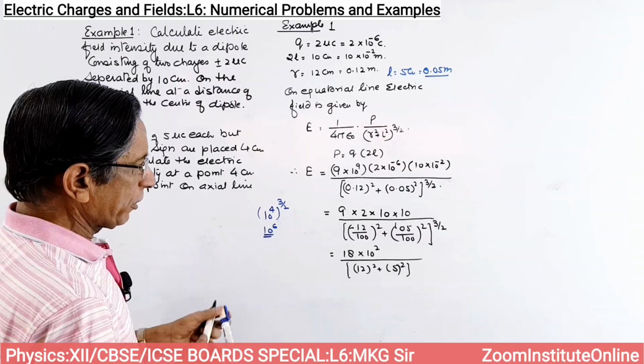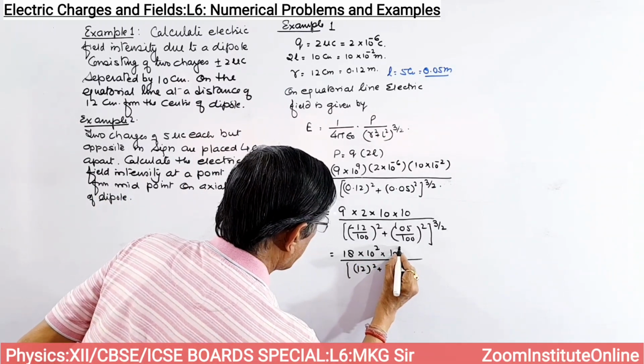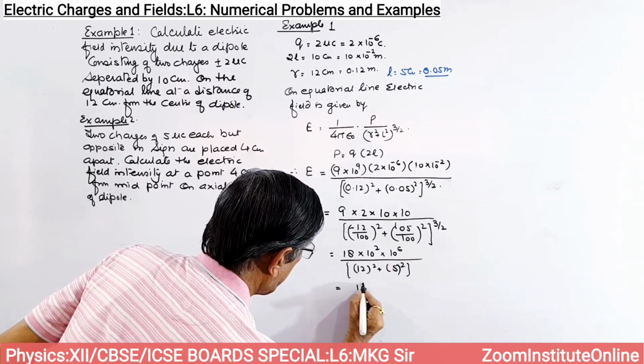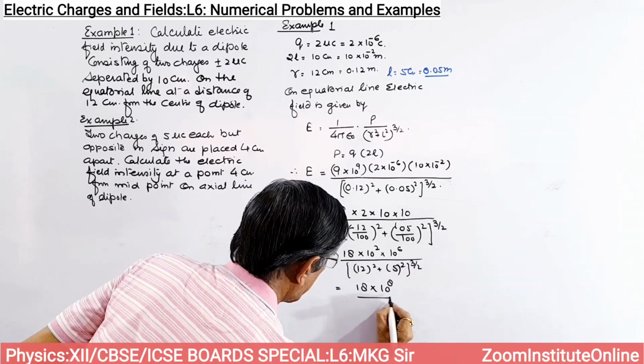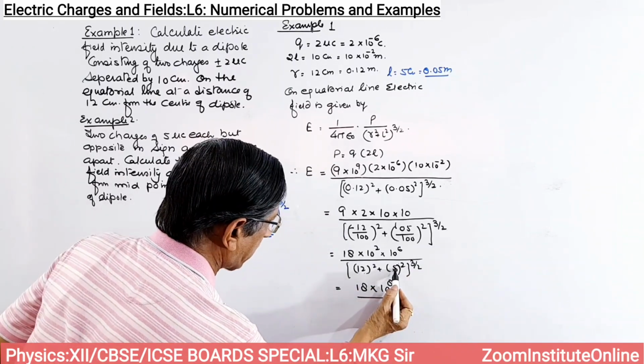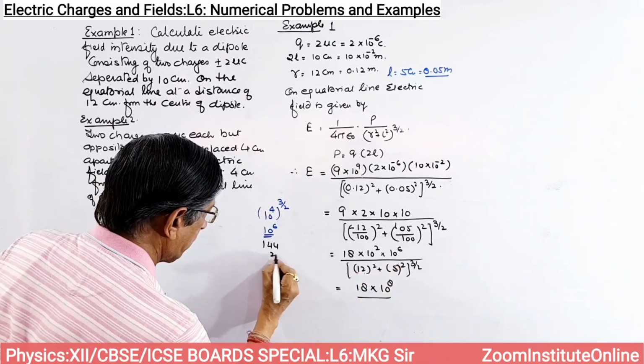So, the answer will be 18 into 10 to the power 8 upon 12 square plus 5 square, that is 12 square means 144, 5 square means 25.